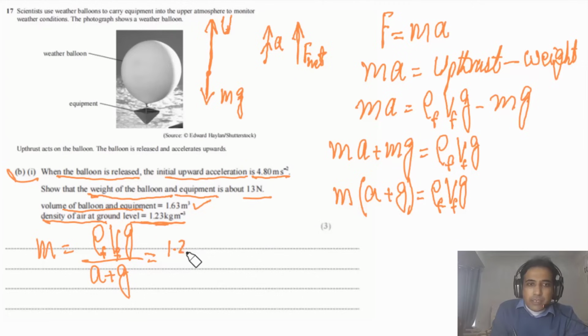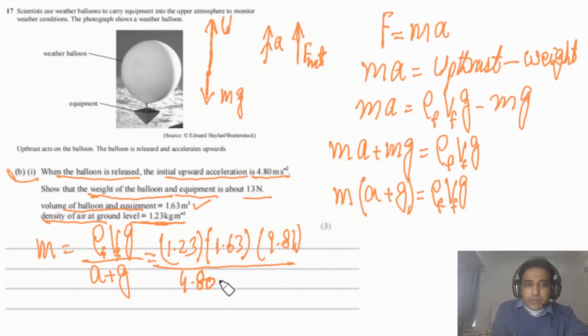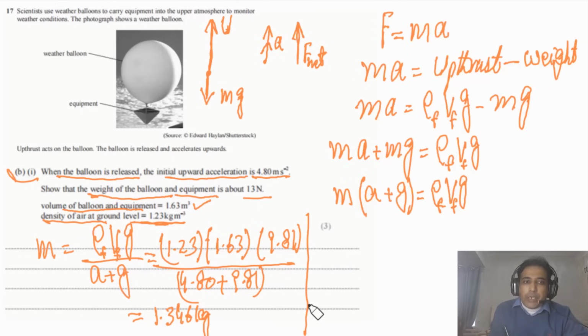Density of fluid is 1.23, volume of fluid displaced is 1.63, and times g we have 9.81, and this is divided by a, which is 4.80, plus 9.81. Now if we simplify this, we can find the value of the mass. The value of the mass is 1.346 kgs.